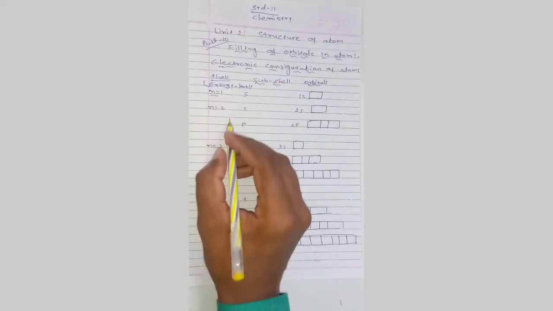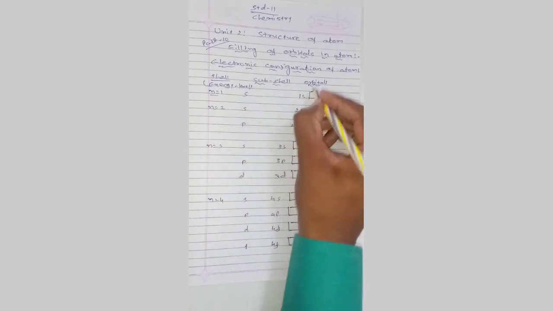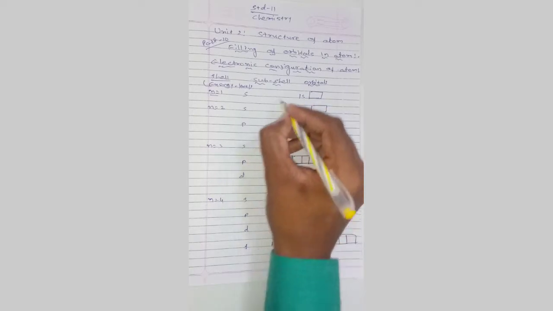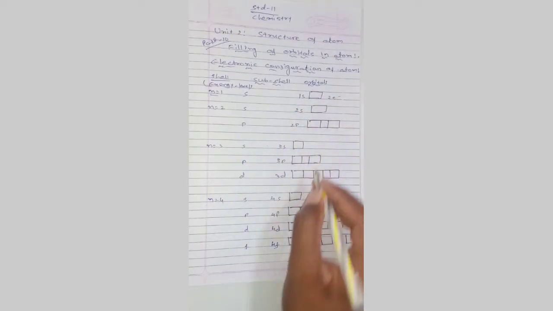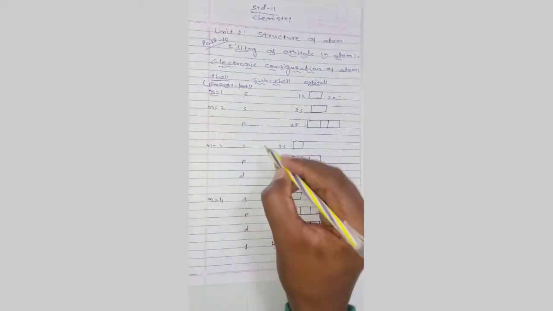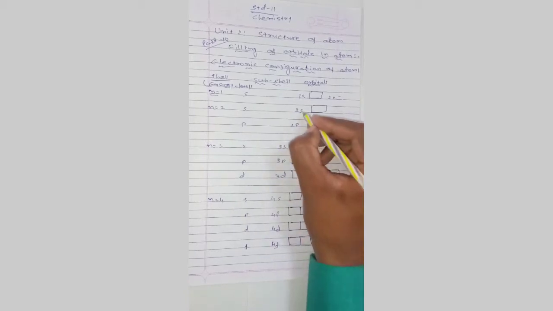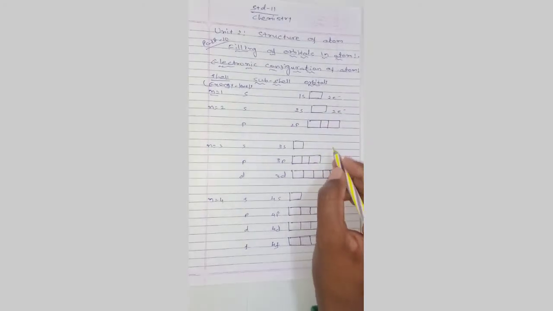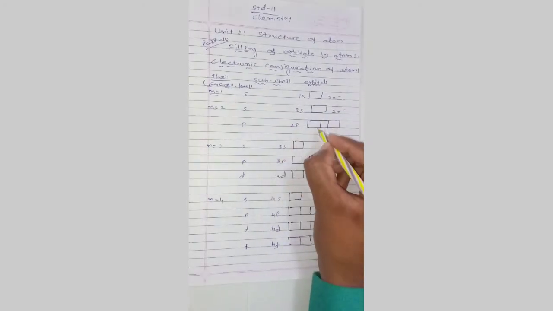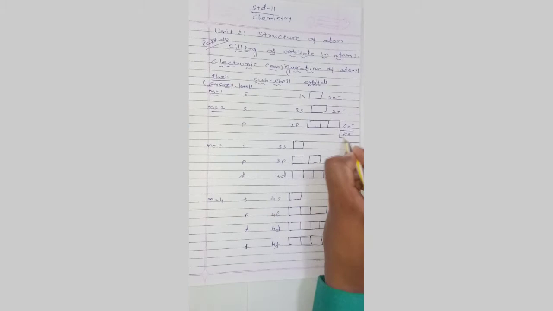In the first shell only one subshell, that is s, and its orbital is 1s, and it has 2 electrons. For the second shell, s and p subshells, and its orbitals are 2s and 2p. 2s has maximum 2 electrons, and 2p has 3 orbitals, px, py and pz, so total number of electrons are 6. So in the second shell maximum number of electrons are 8.